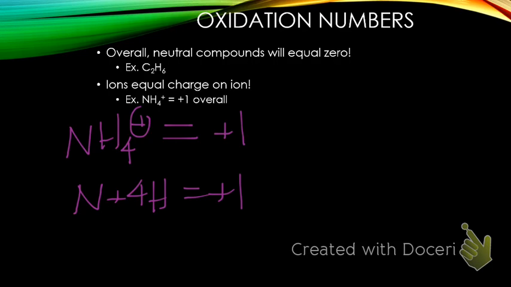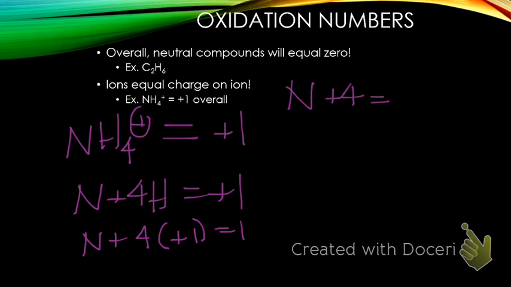Once again, we've already stated that the hydrogen is a +1, so we have nitrogen plus 4 times +1, is equal to 1. So that's nitrogen plus 4 is equal to 1. You subtract 4 from each side, you have nitrogen is equal to -3.